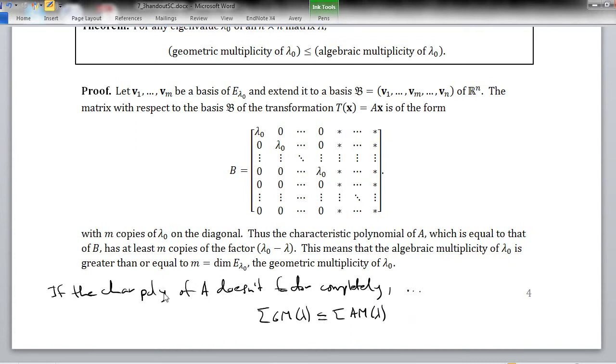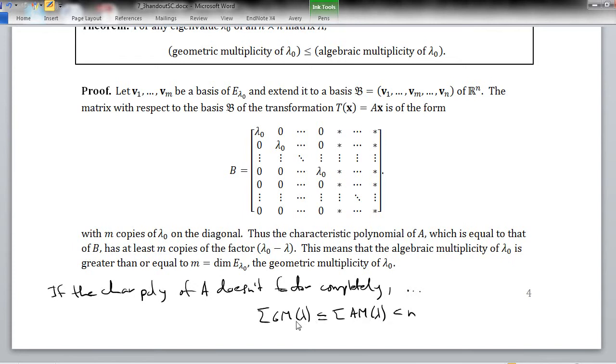And if the characteristic polynomial of A doesn't factor completely, then the sum of these algebraic multiplicities, the sum of the exponents just on the linear terms, right, is going to be less than n. Because there's at least one quadratic term which is not giving you any eigenvalues, it's not contributing to any algebraic multiplicities.